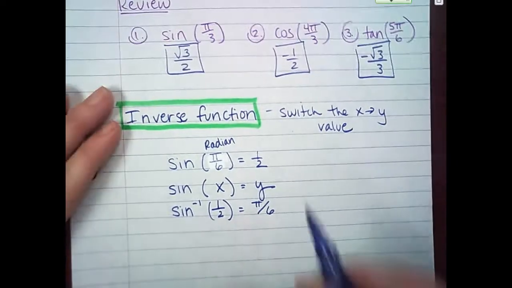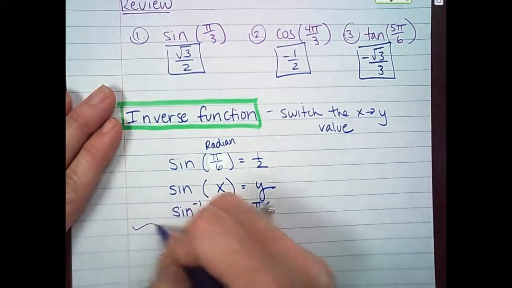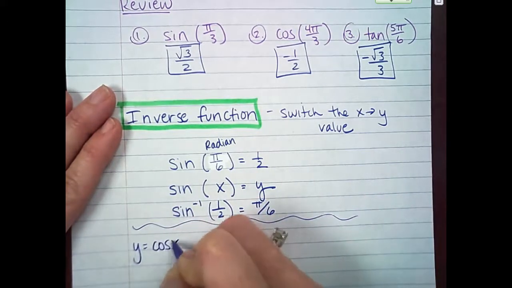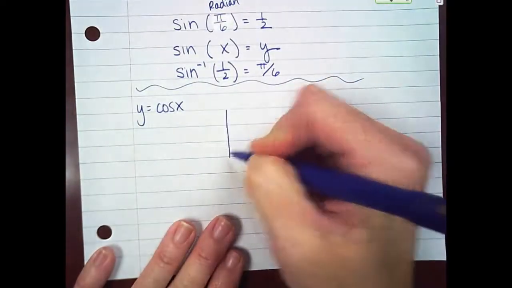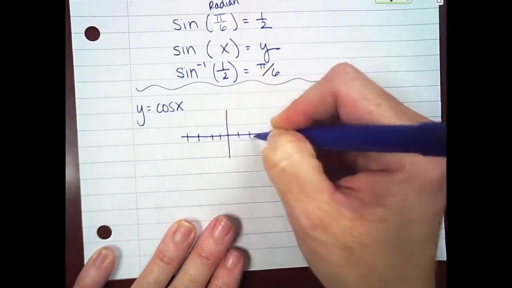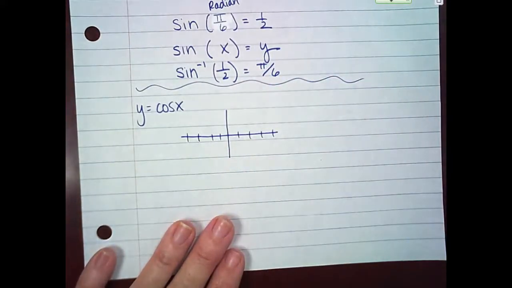So do me a favor, just really quickly, and say, all right, y equals cosine of x. Right? Then sketch it for me.